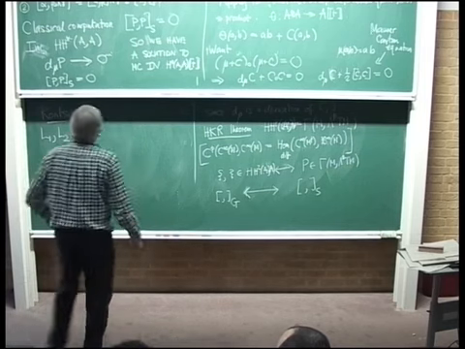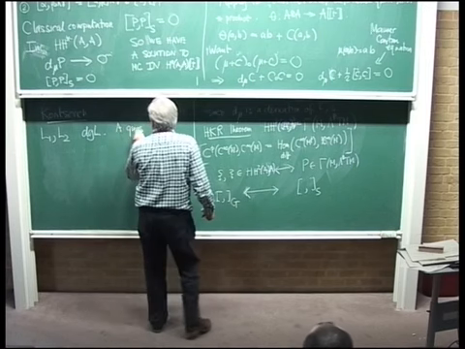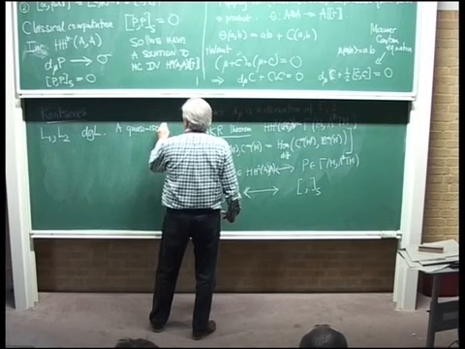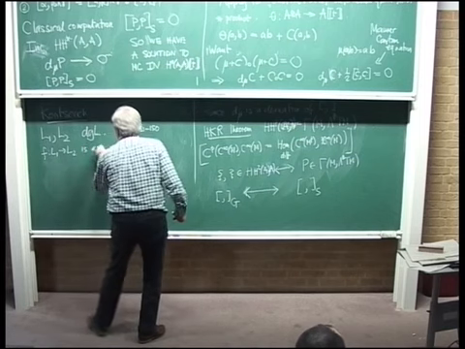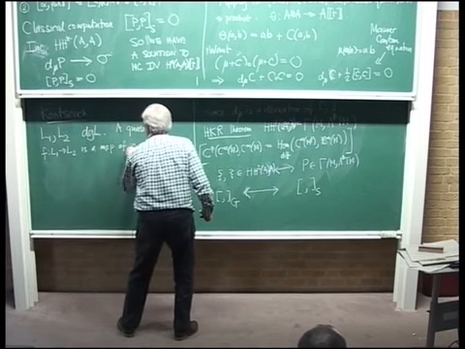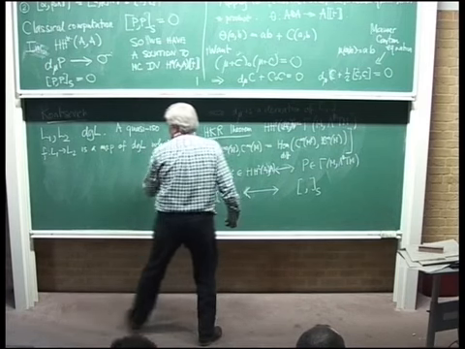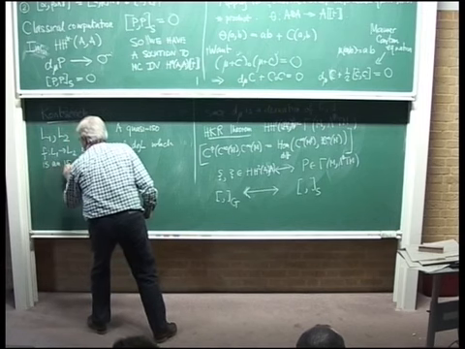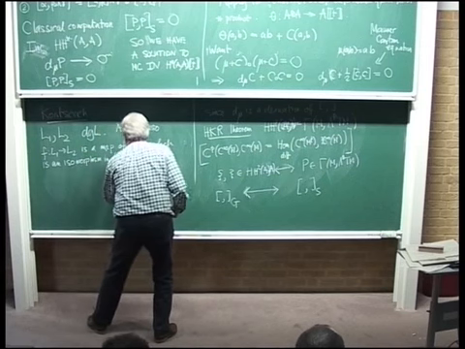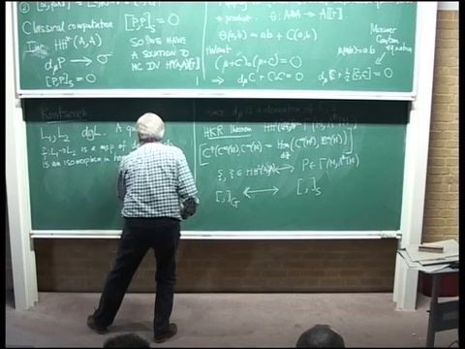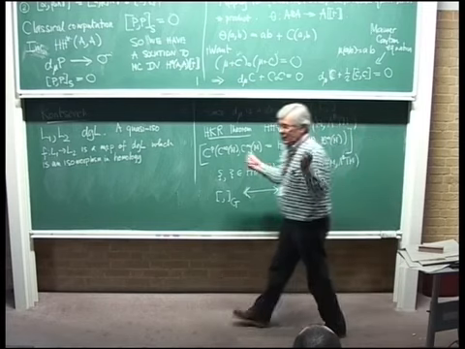A quasi-isomorphism is a map of differential graded Lie algebras which is an isomorphism in homology.